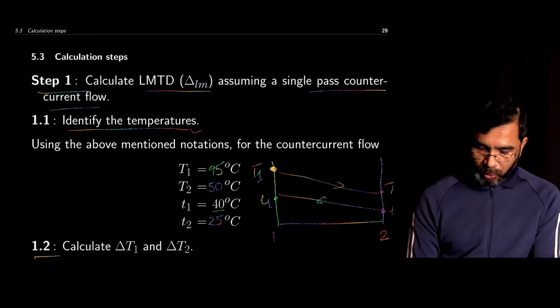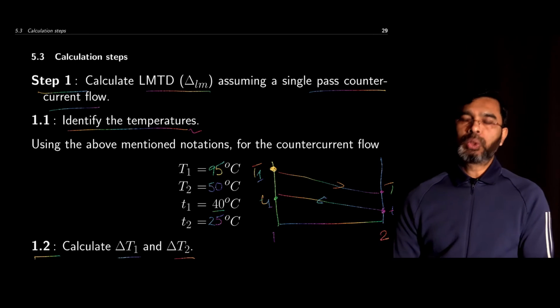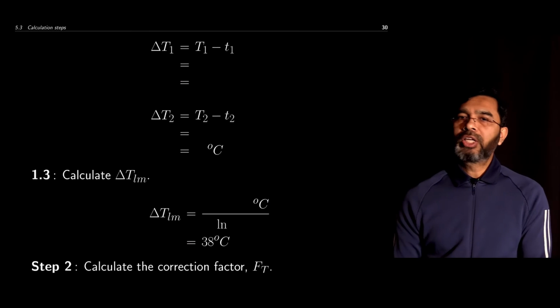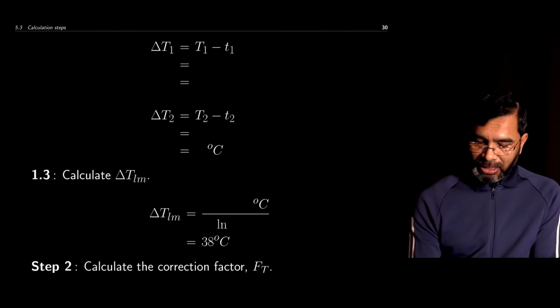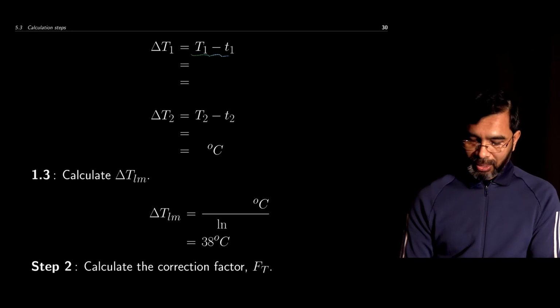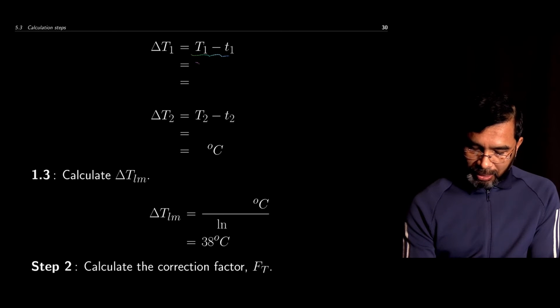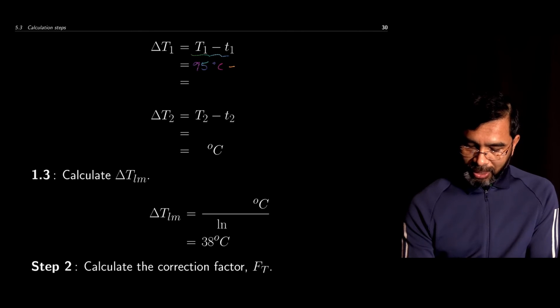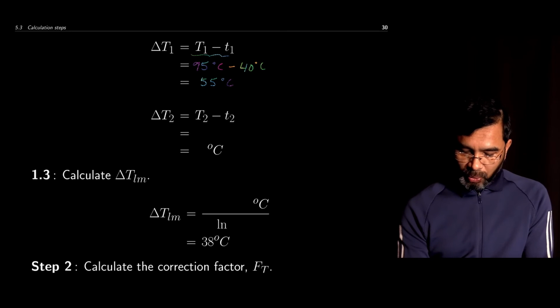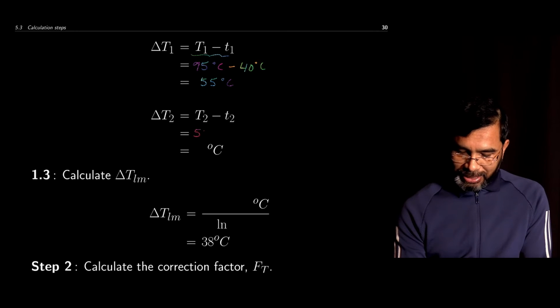Now in step 1.2, we need to calculate the delta T1 and delta T2. The definition is the same. Delta T1 is the temperature difference of the two streams at side 1. So we have capital T1 was 95 degrees centigrade and small t1 was 40 degrees centigrade. So this gives a delta T1 of 55 degree centigrade. Capital T2 was 50 degrees centigrade and small t2 was 25 degrees centigrade.